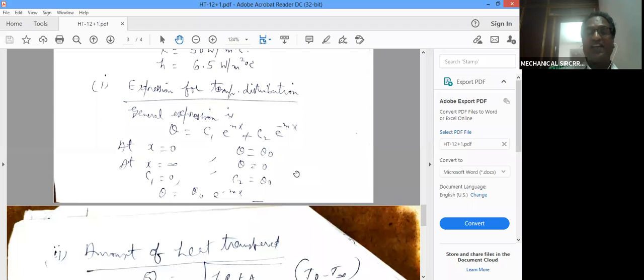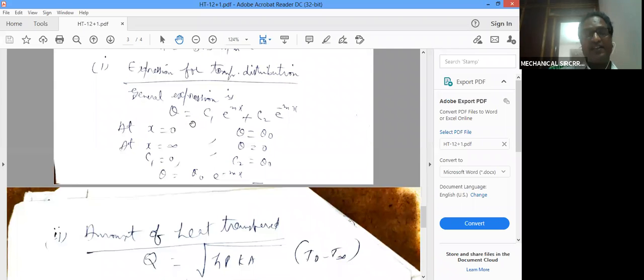For a lengthy fin, that derivation can be used here by applying the first and second boundary conditions.